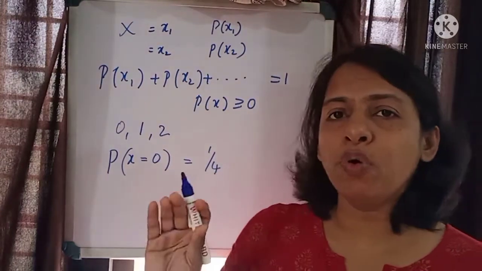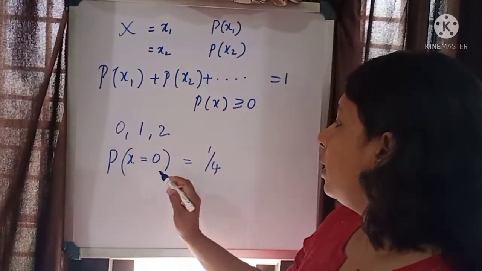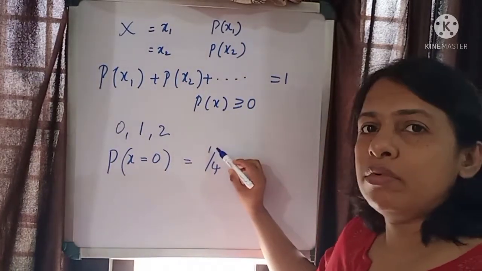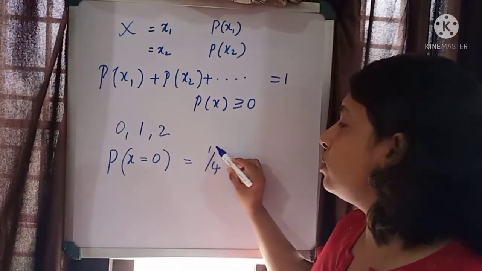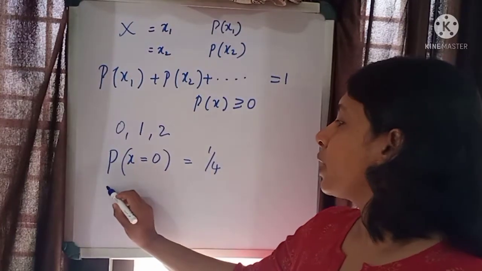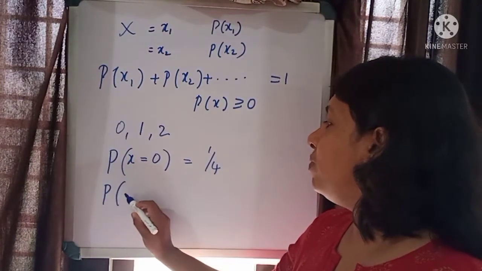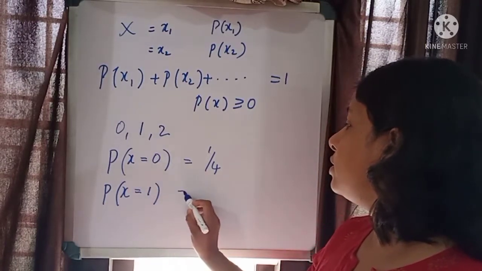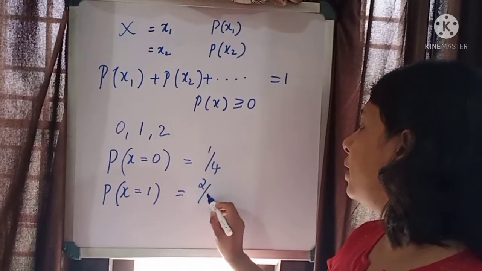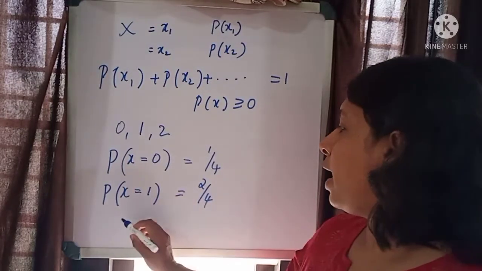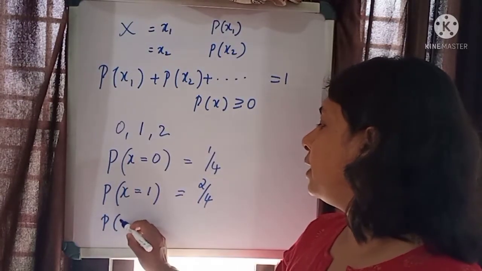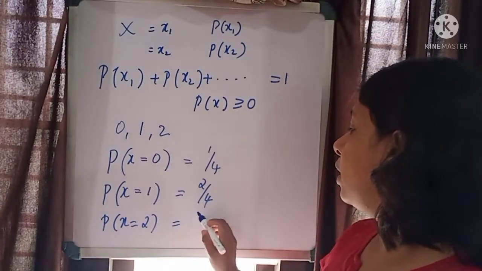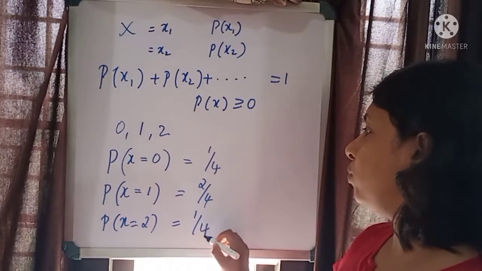There will be 4 outcomes, so getting 0 heads will be only 1, so 1 by 4. The probability that x takes the value 1 is equal to 2 by 4. And the probability that x takes the value 2 is 1 by 4.